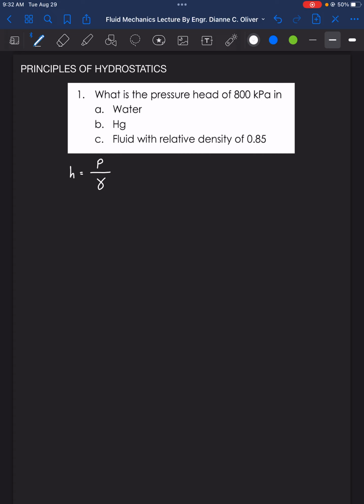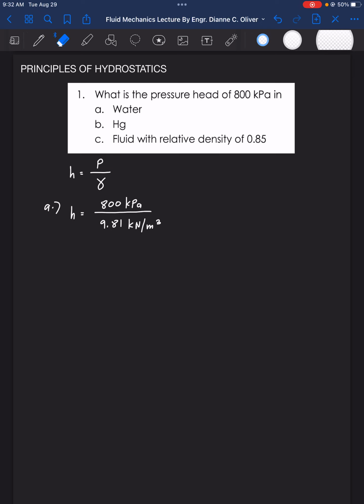So for letter A, the liquid here is water. So for water, we have the pressure head H is equal to the given pressure 800 kilopascal divided by the unit weight of water, and that is 9.81 kilonewton per cubic meter.